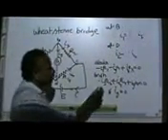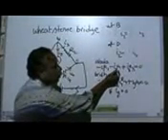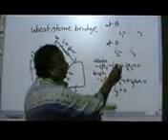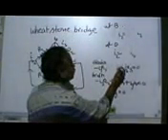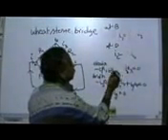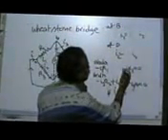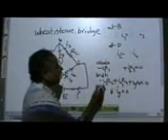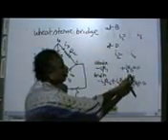Then similarly, the same thing if you do by putting Ig equal to 0, then this will be minus I1 R1 plus I2 R3 is equal to 0, which means I1 R1 is equal to I2 R3.